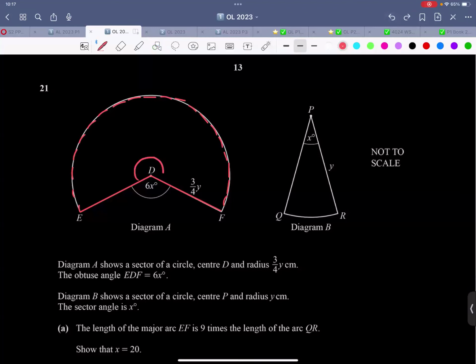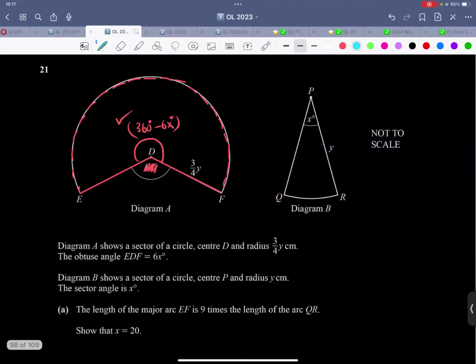So this is 360 degrees minus 6x degrees. So we are not interested in this, we are interested in this angle. Now over here, what are we dealing with? We are dealing with this radius, that is y, this radius, that is also y, and then this is the arc length that we are talking about.